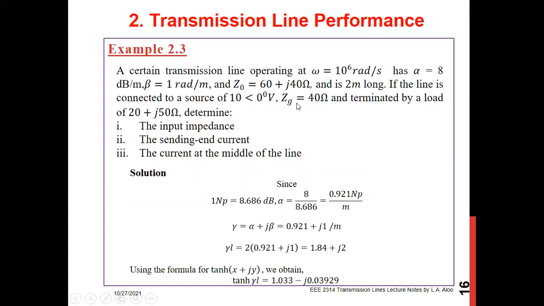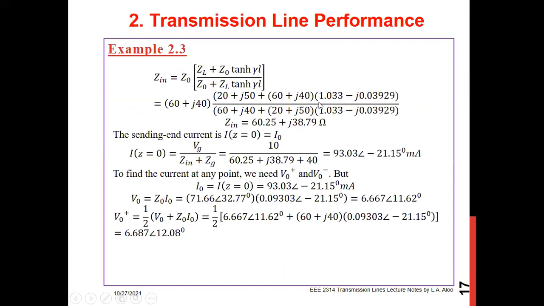We were given ZG in the problem statement as 40. So you bring in the value of 40. We already know how to work with complex numbers. We work it out. Kindly confirm at your own free time that it is 93.03 at an angle of negative 21.15 degrees milliamperes.